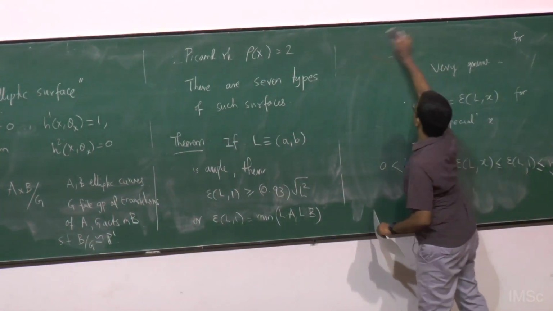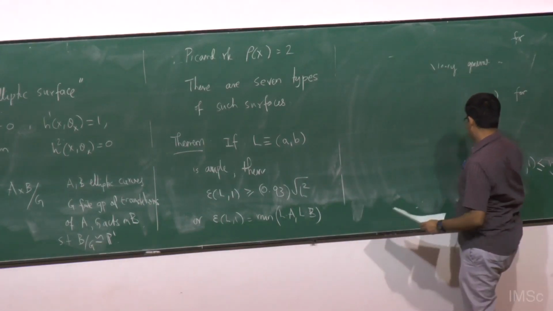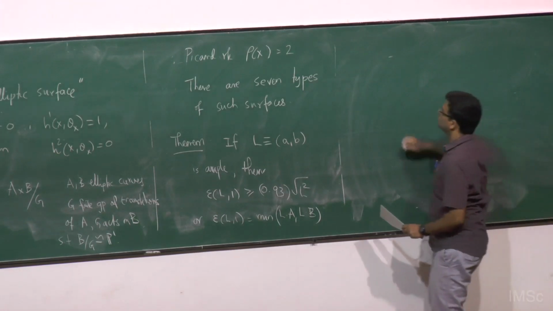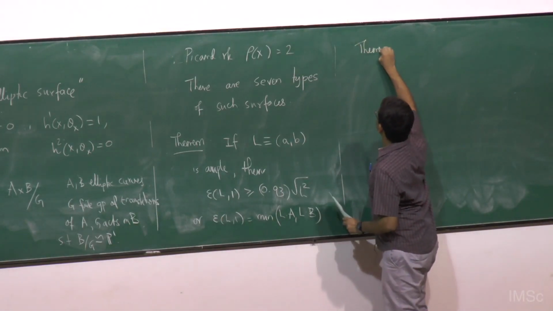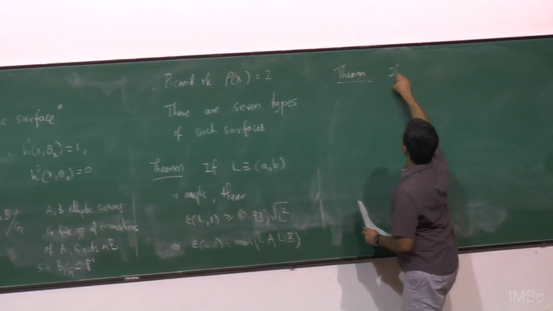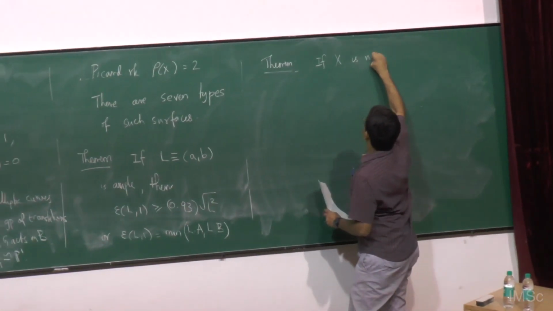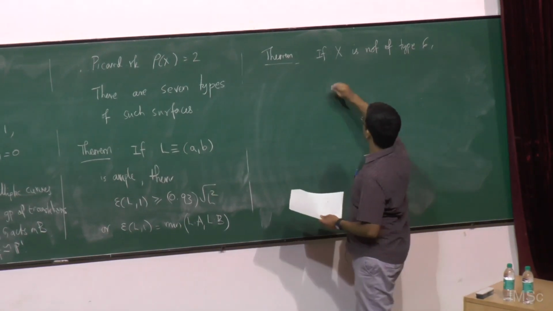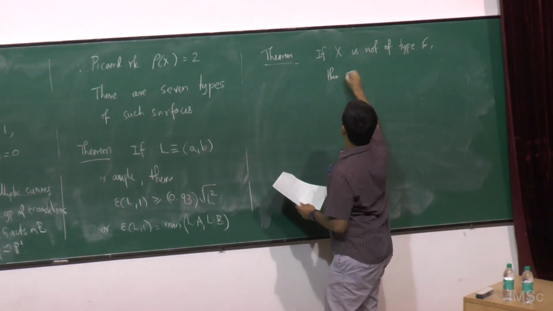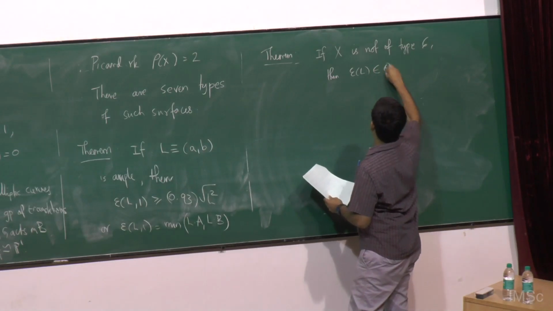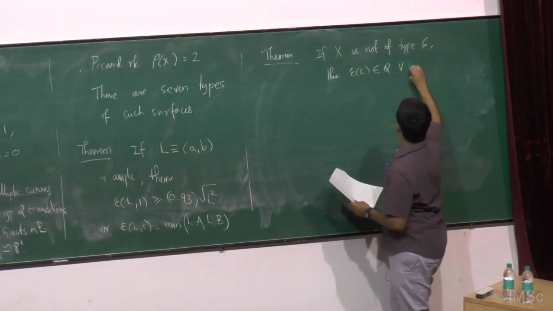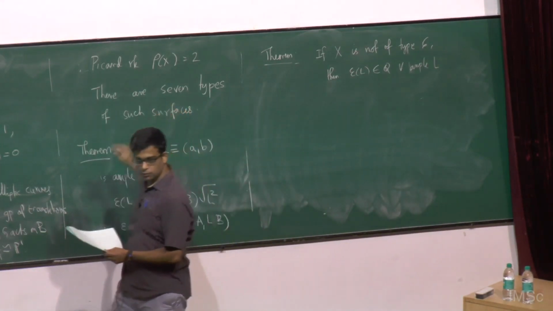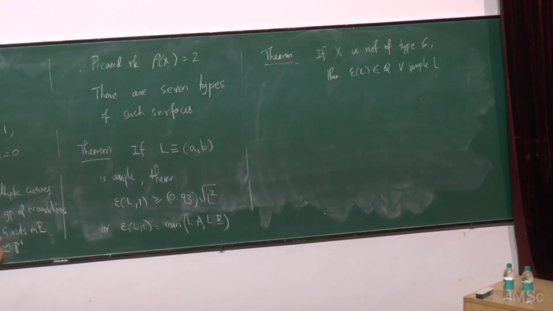Okay, so another result in the same setup. If X is not of type 6, then, as I said, there are 7 types of hyperelliptic surfaces, 1, 2, 3, 4, 5, 6, 7.